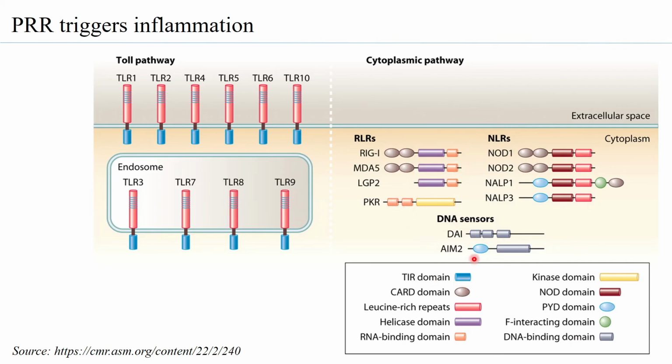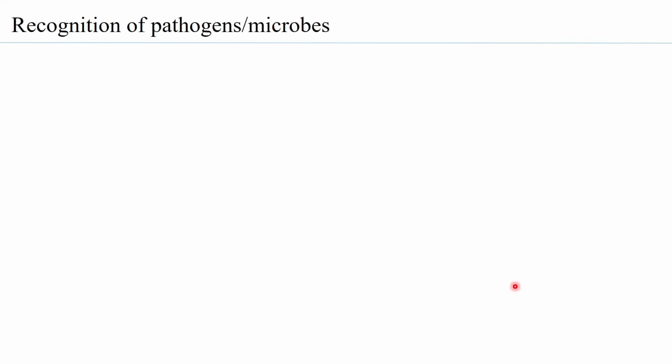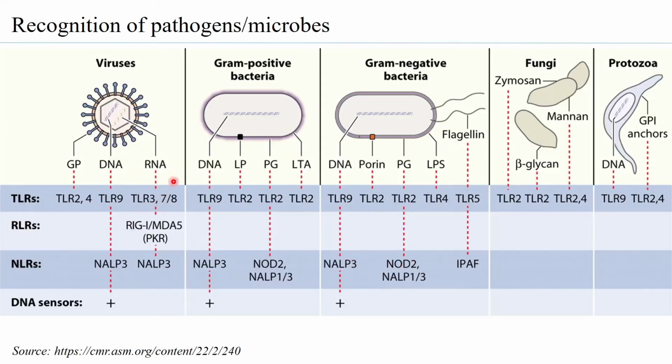These cytoplasmic receptors are able to interact with the molecular pattern on the microbes, thereby giving rise to a specific immune response. Now, this is just an overview on how the different microbes are able to induce signaling through the pattern recognition receptors.